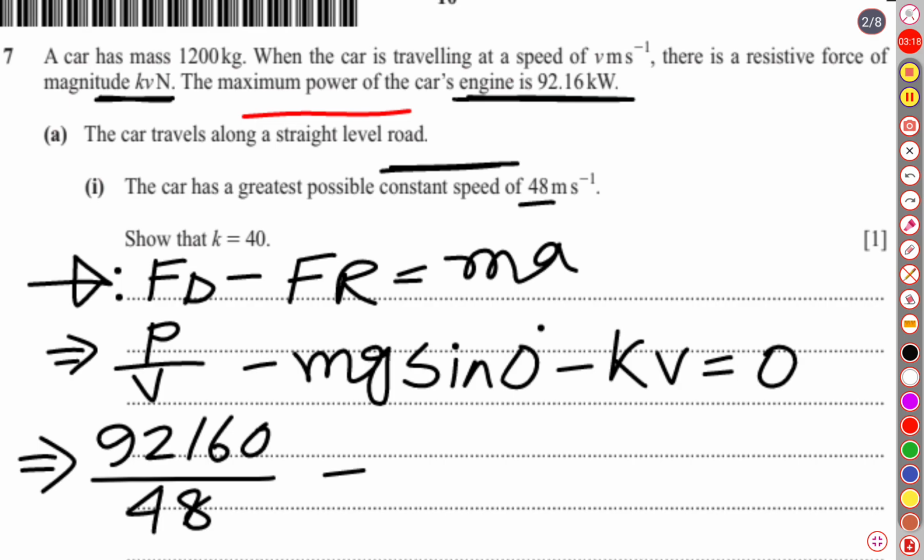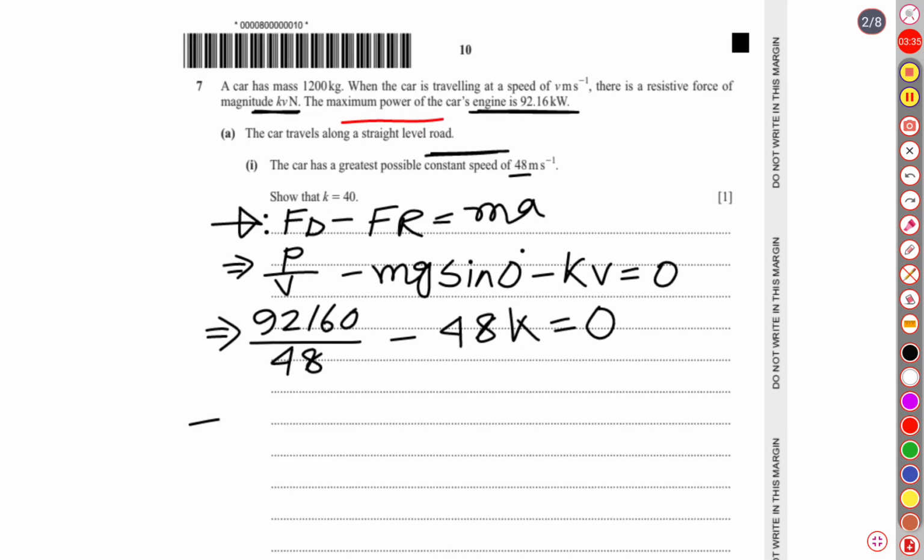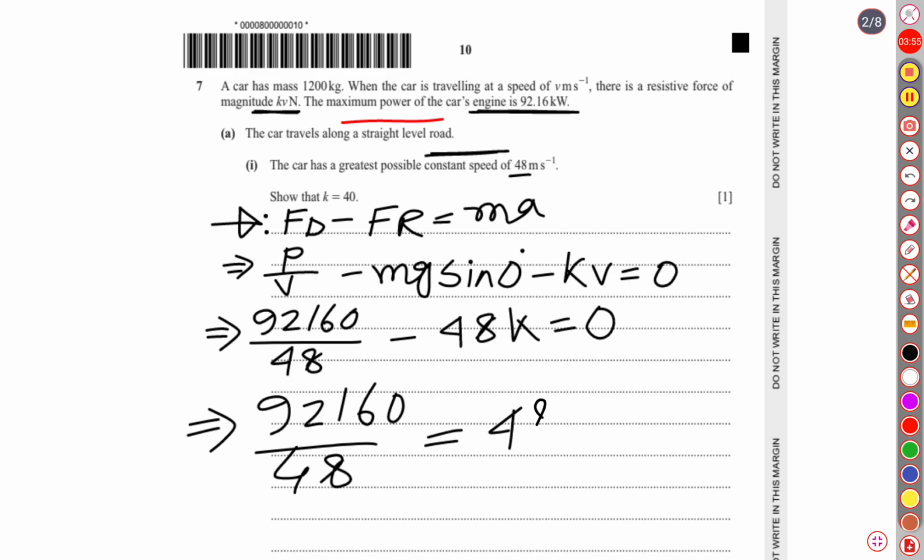Well, k is to be obtained, and the maximum velocity is 48. So 92160 over 48 is equal to 48k.